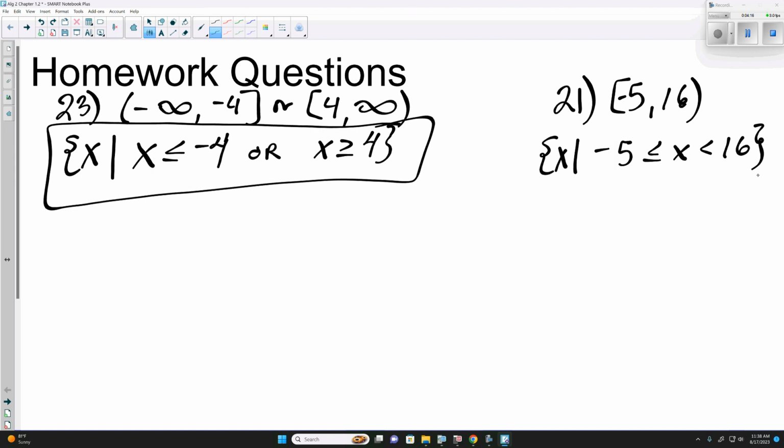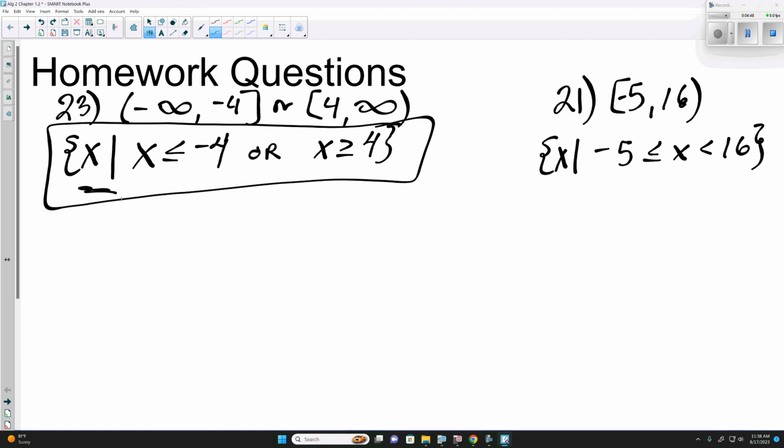The first thing I do with set builder, especially if we're talking about an interval or a set of numbers, is I write the inequality first, and then I put it into the set builder notation. Well, you're just missing the brace x bar. Yeah, once you got that, then you're good.